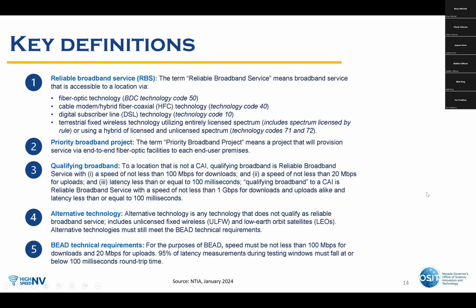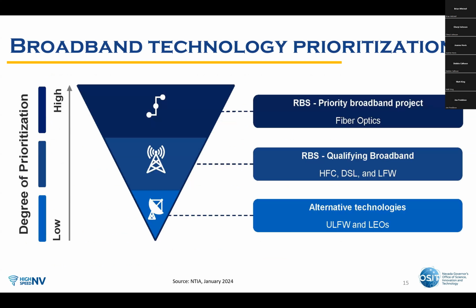Now, why is all of this important? It is important because there is a prioritization that NTIA has established for how the states have to consider applications from their applicants for BEAD funds.